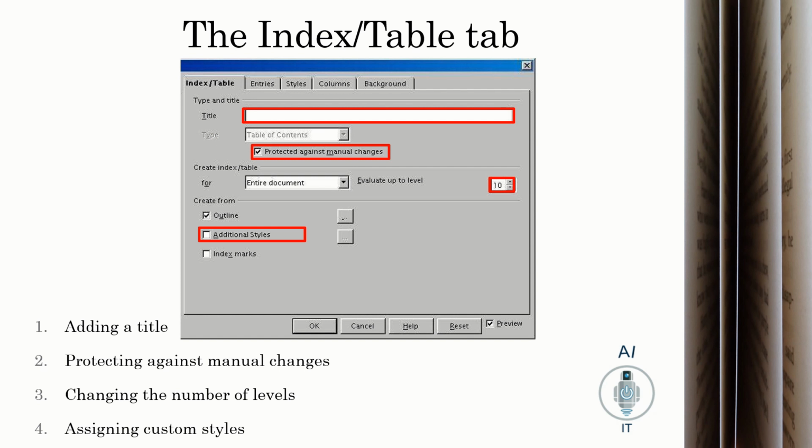The number of levels can be changed by clicking on this, and we can assign custom styles. To change the custom style or to add additional styles, click on the checkbox, then the link next to it with 3 dots gets activated.